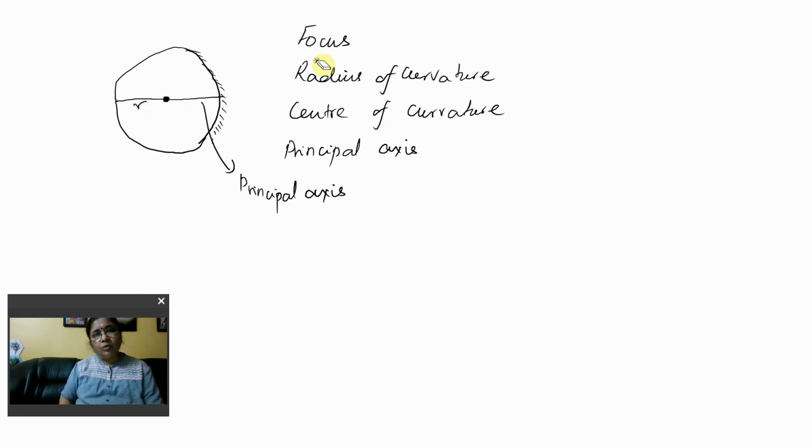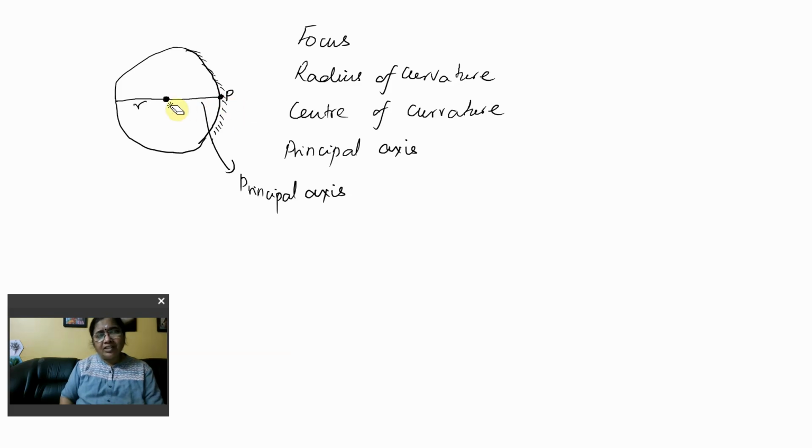Let us then see what is focus. Center of curvature, radius of curvature, principal axis, what is focus? Generally, we'll call this P. Generally, focus lies halfway from the center of curvature to the pole. This is called the pole, which is on the principal axis.